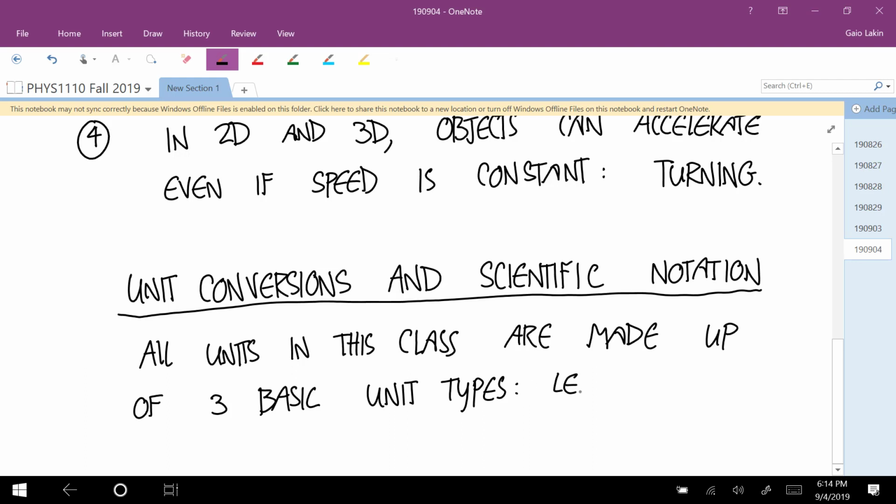And those are length, time, and mass. If you take Physics 2 next semester, you'll see that there's also a unit charge that isn't made up of any of these, but we're not going to deal with electricity in this class, so this is good for us.